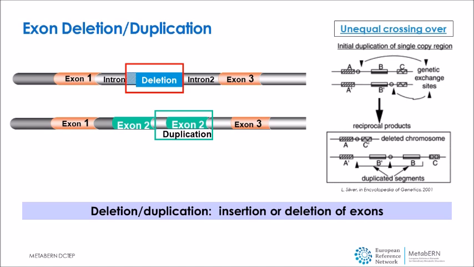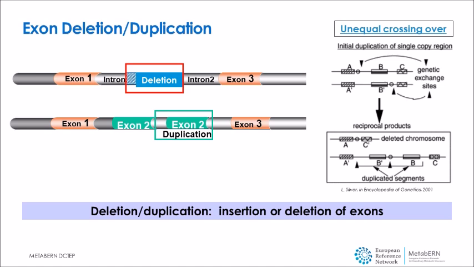Duplications typically arise from an event termed unequal crossing over or recombination that occurs between misaligned homologous chromosomes during meiosis. The chance of this event happening is a function of the degree of sharing of repetitive elements between 2 chromosomes.